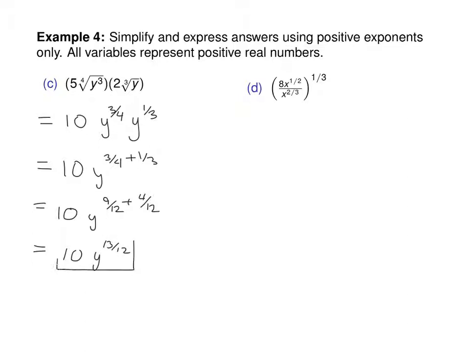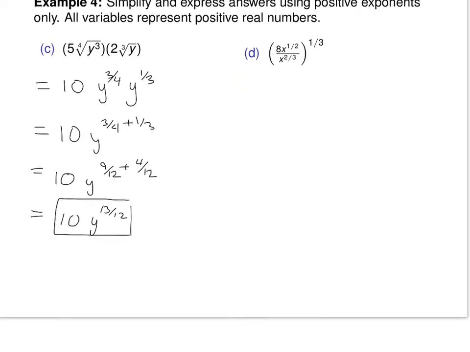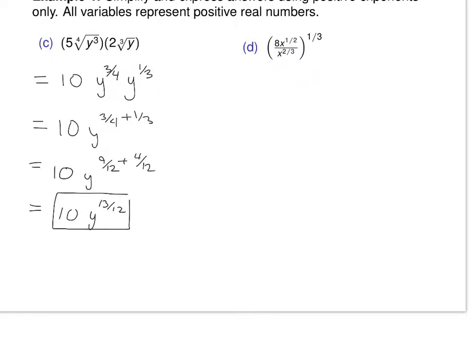Now, I'm not 100% certain which form Alex would like you to give that in. With me, 13/12 is acceptable. But just in case, it's the same thing as the 12th root of y to the 13th, right? It's good to know both forms in case you have to translate between one or the other.